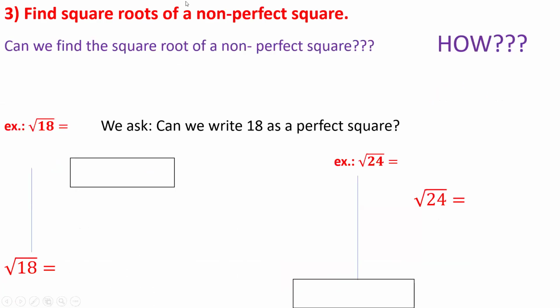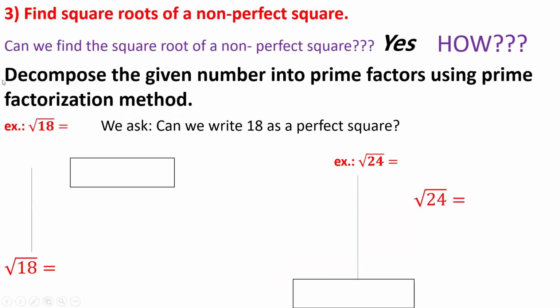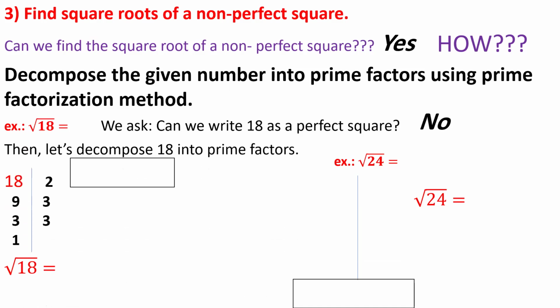Then how can we find the square roots of non-perfect squares? Suppose that inside the radical, I have a number that cannot be written as a perfect square. What should I do? I should decompose the given number inside the radical into a product of prime factors using prime factorization. For example, 18 cannot be written as a perfect square, so I make the prime factorization of 18.